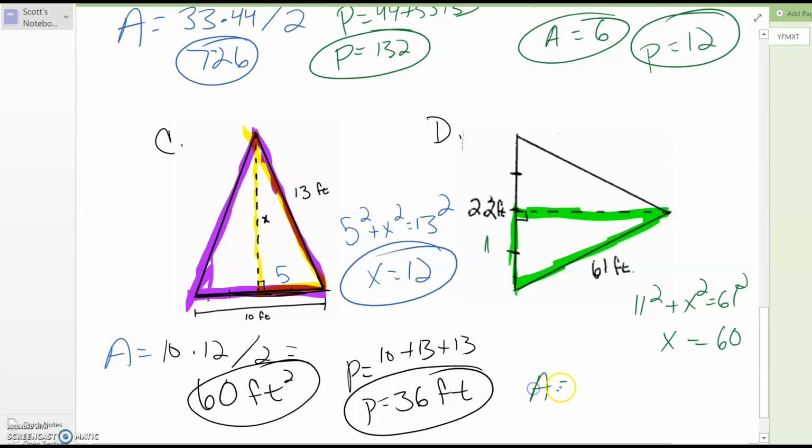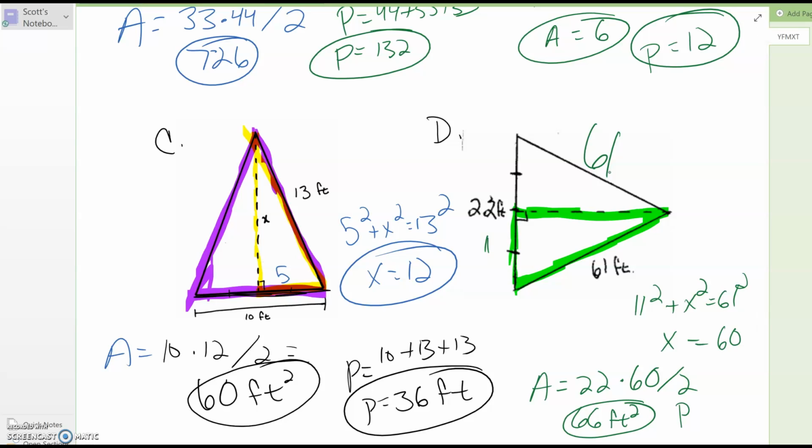So then my area is going to be 22 times 60 divided by 2, which is 660. Perimeter is going to be everything on the outside. So this is also going to be 61. So I'd go 61 plus 61 plus 22, which would be 144.